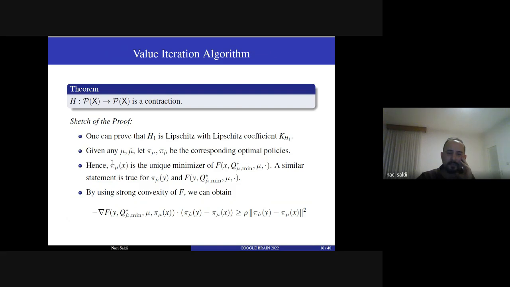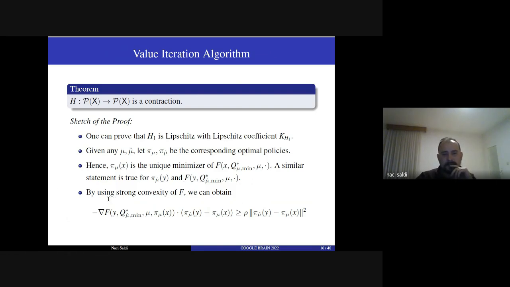Therefore, pi mu x is the unique minimizer of this function. If you recall the definition of capital F, pi mu x is the unique minimizer of this capital F with the inputs, and similarly, pi mu hat y is the unique minimizer of capital F with the following inputs.